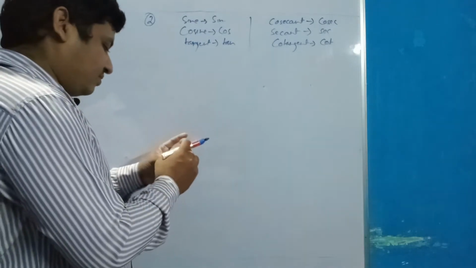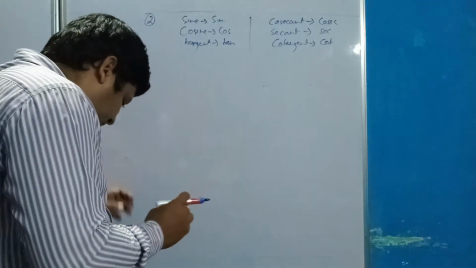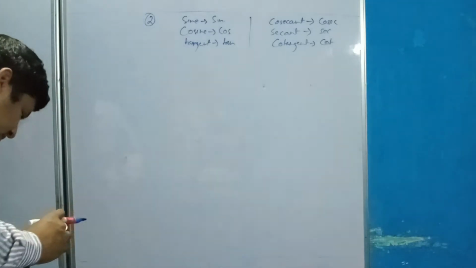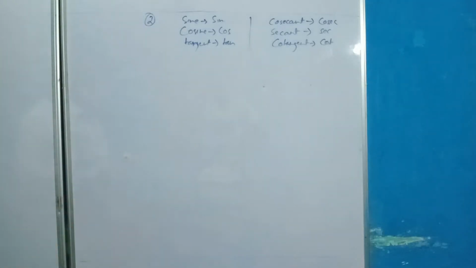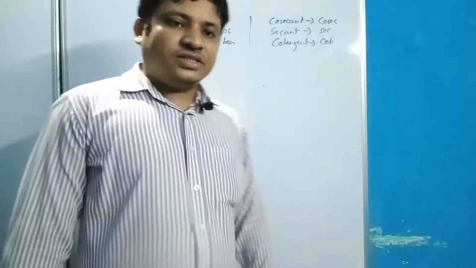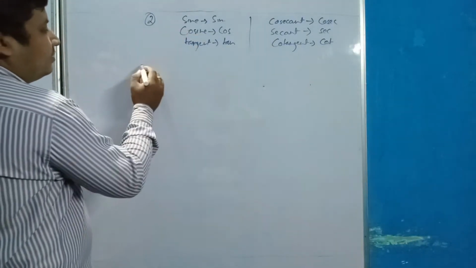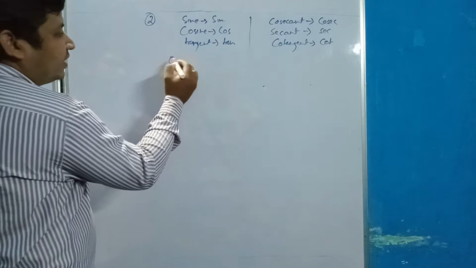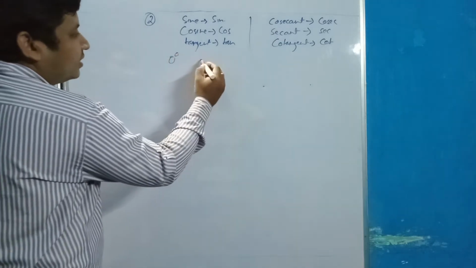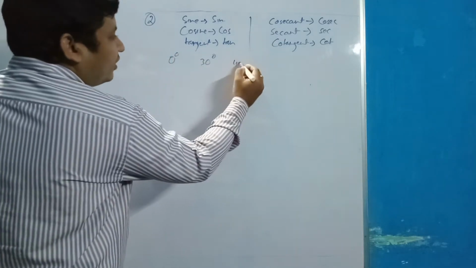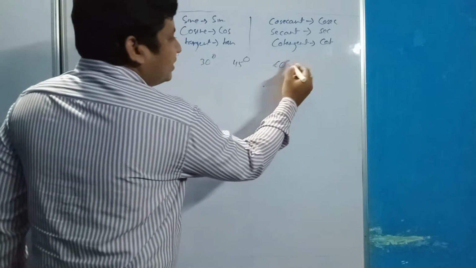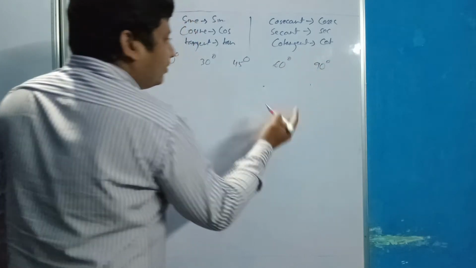Okay. Now we will be deriving the table for each parameter. We can consider 0 degree, 30 degree, 45 degree, 60 degree and 90 degree. How?